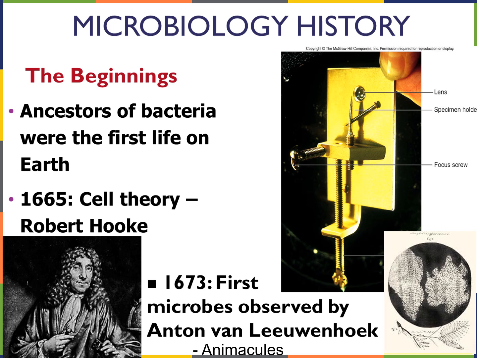Now, today, we know what he saw were the protozoans. He was looking at those single-celled animals, such as the amoeba and the paramecium. Okay. We also give him credit for developing the first primitive microscope. As you can see here in this picture, it's that gold structure on the right.